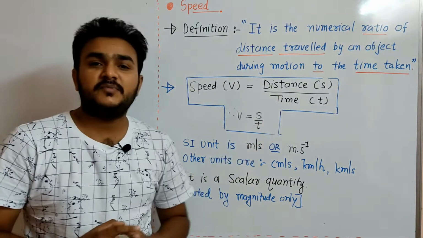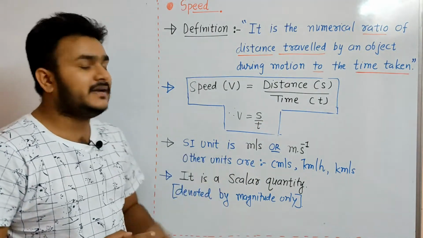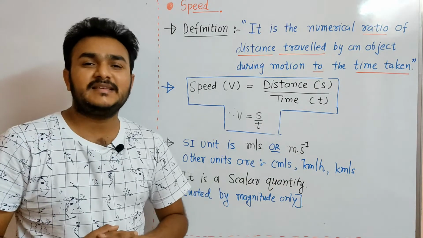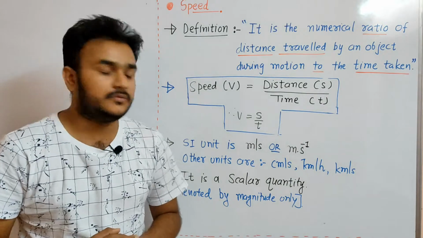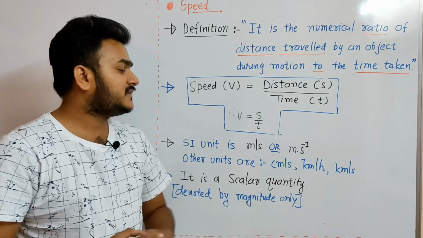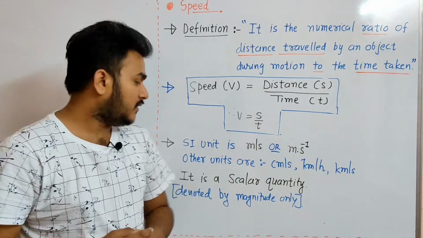Generally distance is measured in meter and time is measured in second. So the SI unit of speed is meter per second, or it can be represented as meter into second inverse. Other units of speed are centimeter per second and kilometer per second as well.